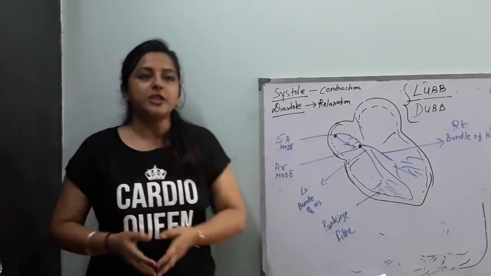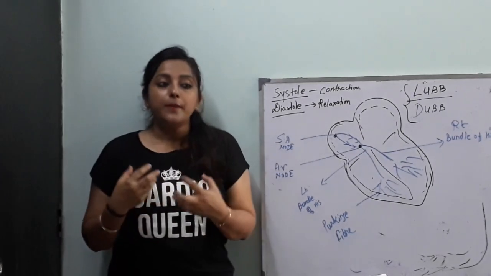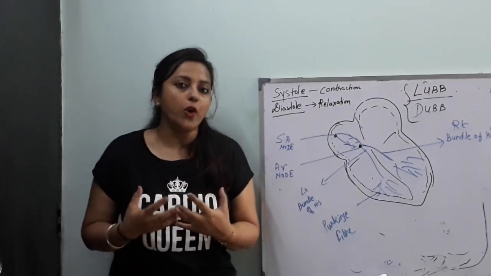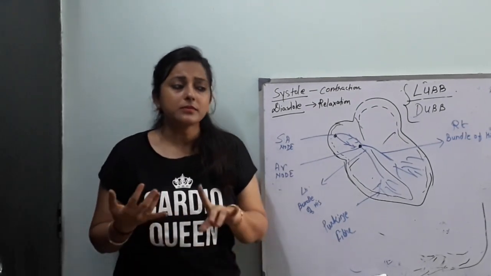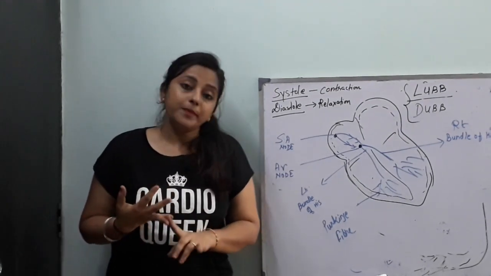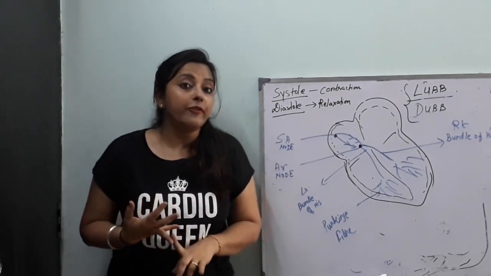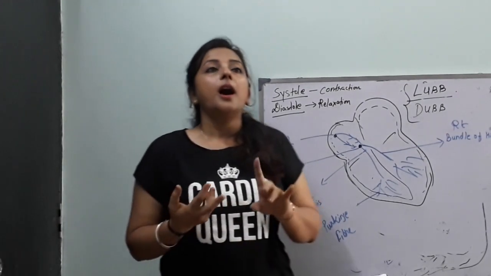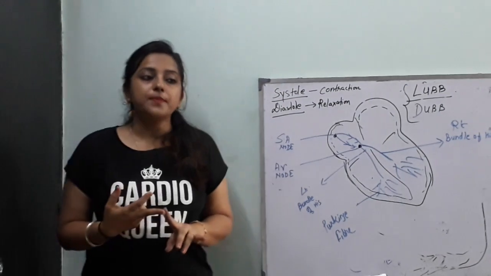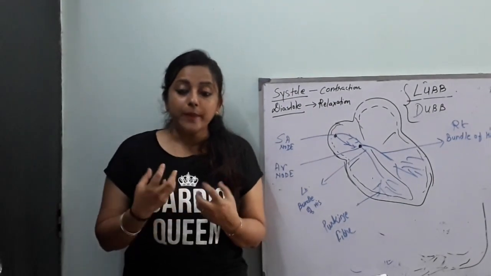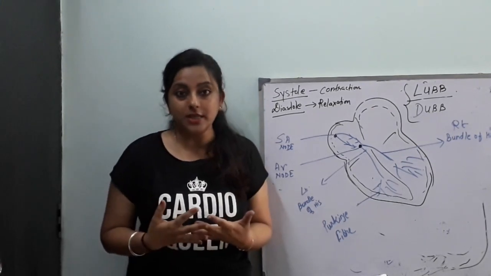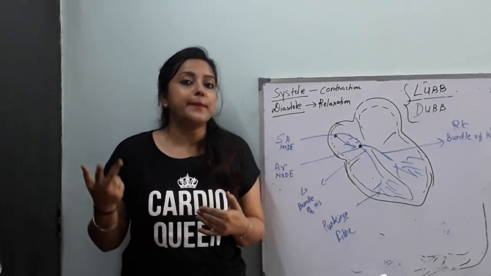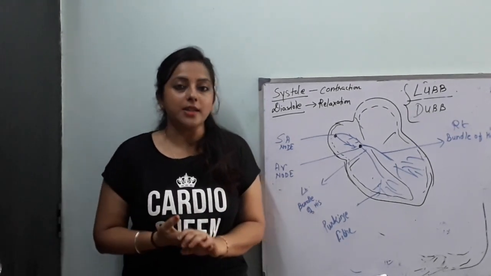My first question is, name the protecting covering of our heart. My second question is, name the fluid present inside the protecting covering of our heart. My next question is, name the valves present at the junction of the auricles and ventricles, and also name the two semilunar valves present in our heart.